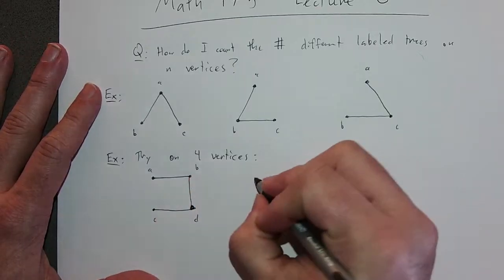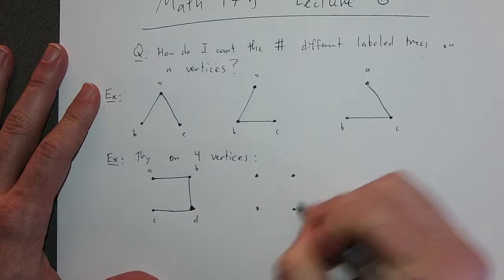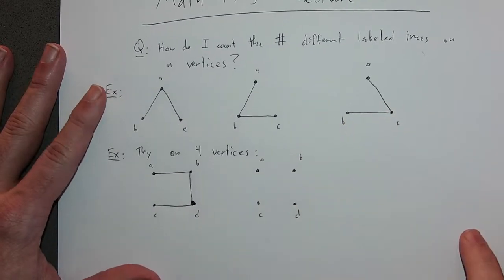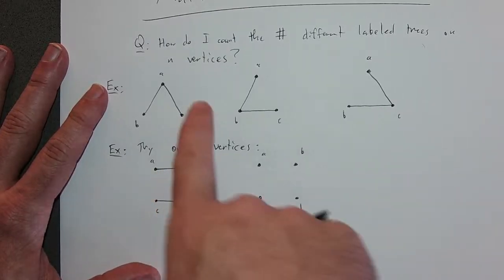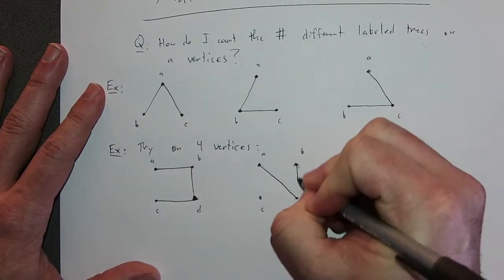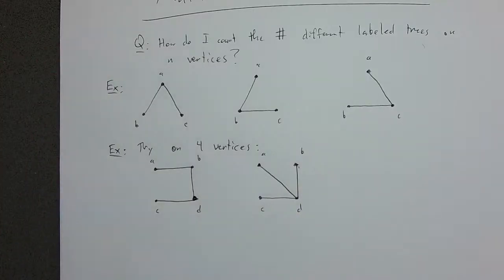Okay, so here's one way. Let's do this. Well, unlike before, right, I could have something here like this. That's a tree.